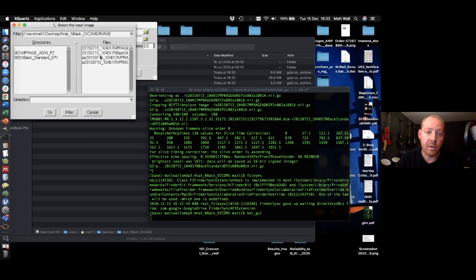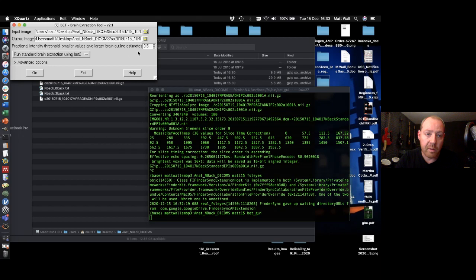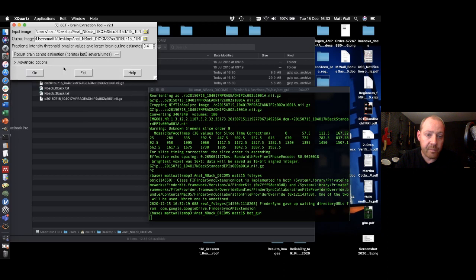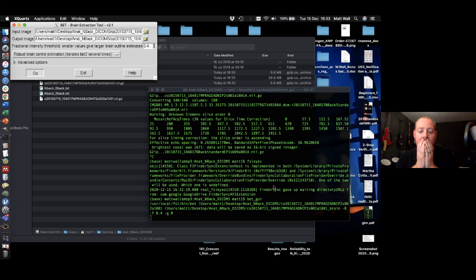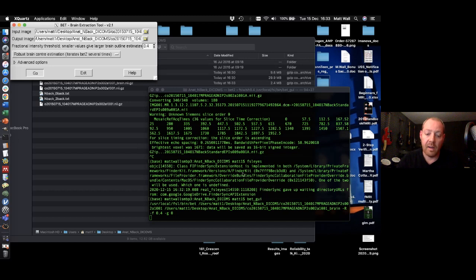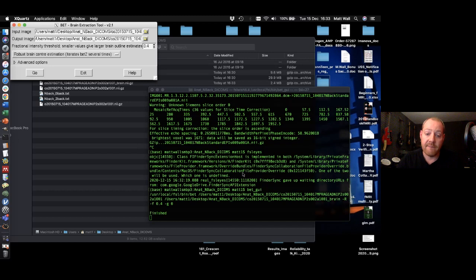So I'm putting in my anatomical image in there. I'm going to fiddle with the settings a little bit, and I'm going to hit go. There we go, finished. Lovely.